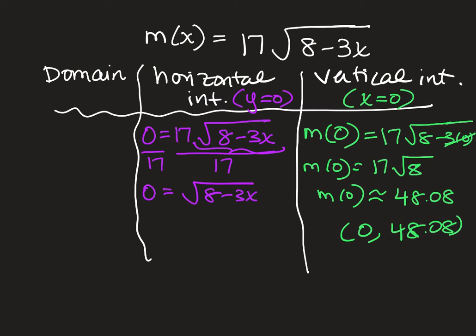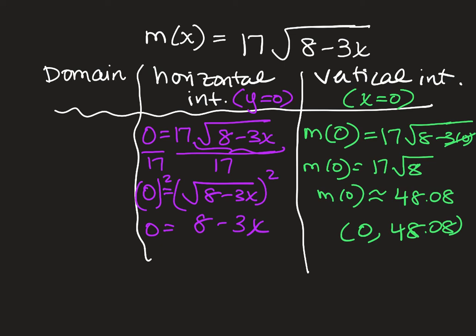And now I'm ready to square both sides because I'm trying to undo that square root. So 17 actually didn't affect my horizontal intercept. If you notice, when I divided it out, I still got a 0 on the other side. So I have 0 equals 8 minus 3x once I squared both sides.